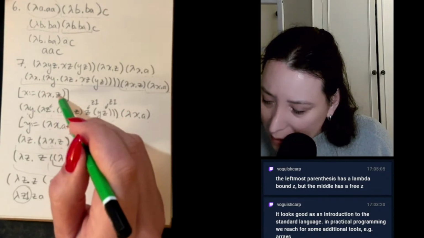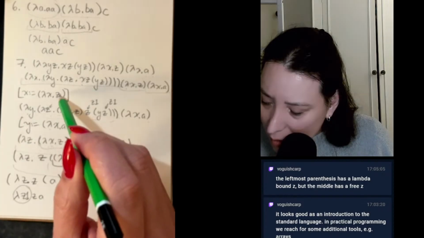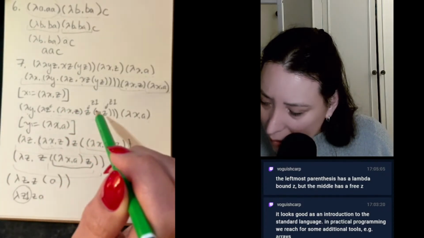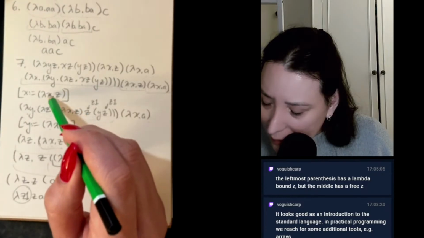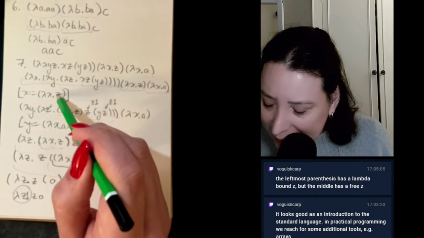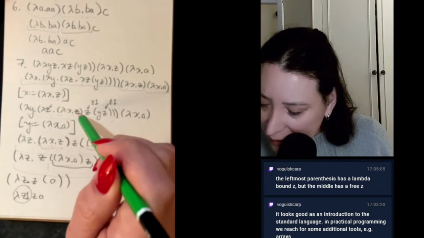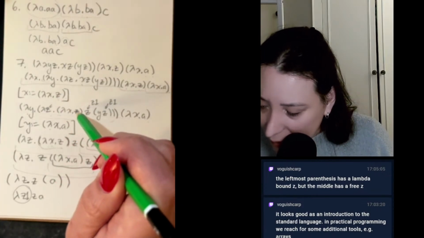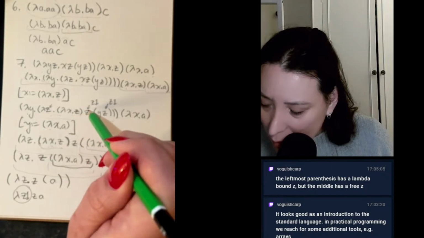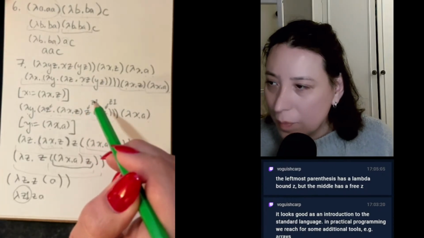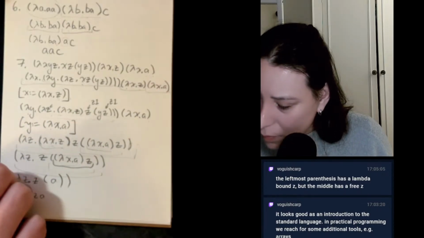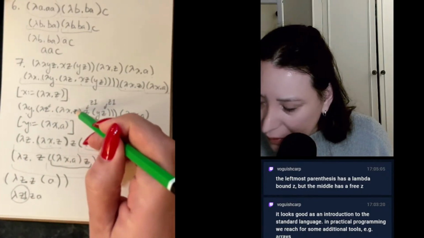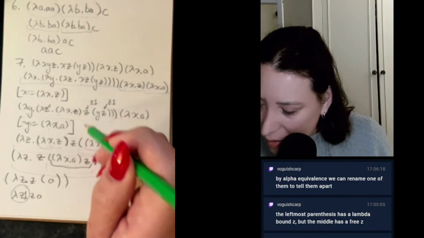Right. So because we're basically saying that whatever we get, we return a Z, but we already have Z's in the body, we need to give it a new name. Yeah, this is a free variable Z here.